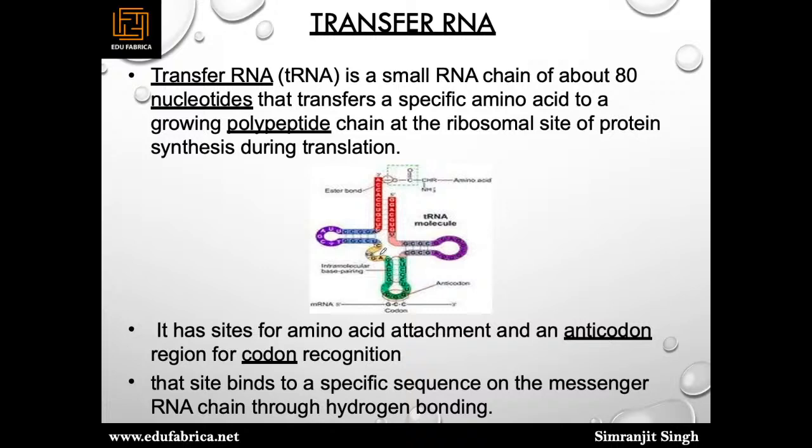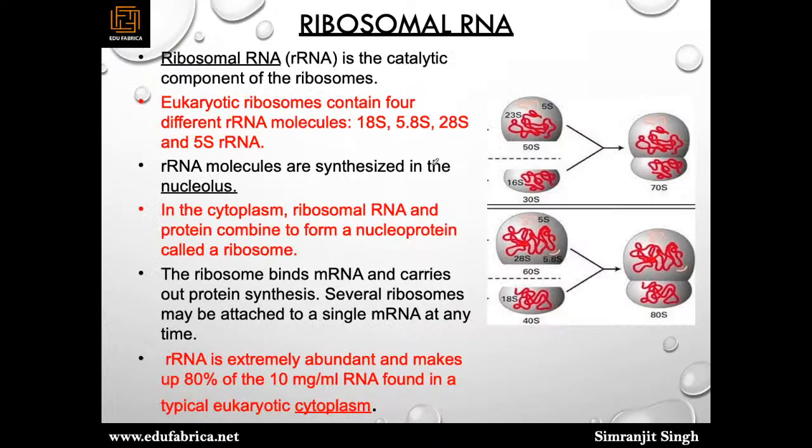So we have discussed how this tRNA attaches to the mRNA, having these anticodons at the bottom and one specific amino acid attached on top, playing its role with the help of your ribosome.